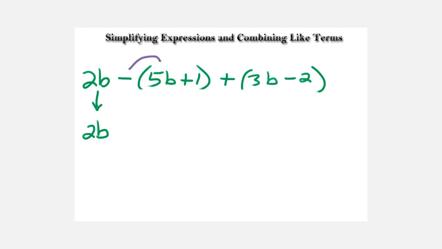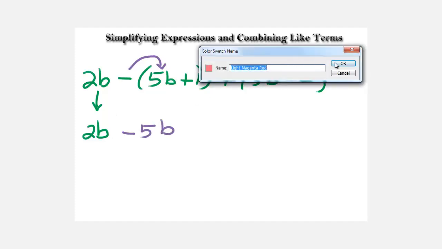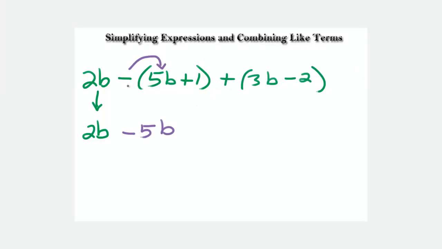So the negative times the 5b, which leaves you with negative 5b. And then we'll take that negative again, multiply with the 1. That'll give us negative 1. Okay, then we have this positive. I think of it as positive 1. You know, we don't write the 1 there, but it's still there.